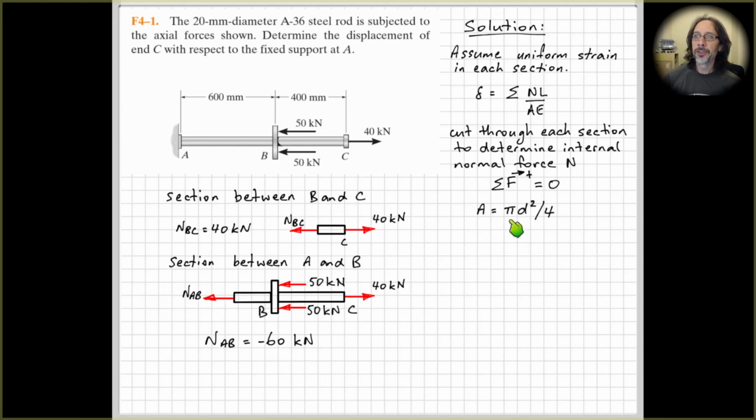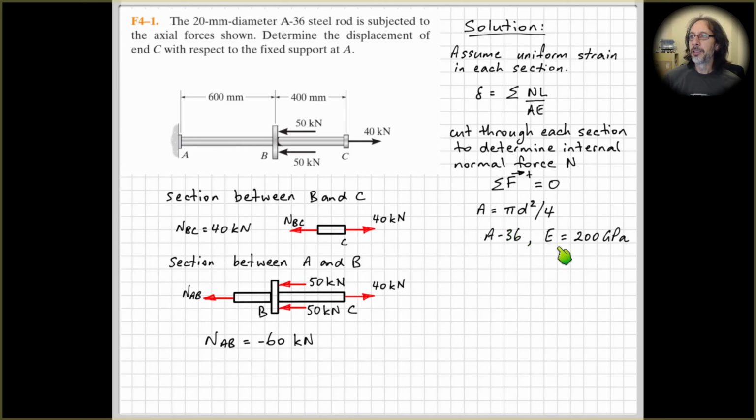The area of a circle is pi d squared on 4, or if you like, pi r squared. R is equal to d over 2, so d over 2 all squared becomes d squared on 4. And we need to know the Young's modulus, and we're told that it's A36 steel, so you can either look up the table in the textbook, or you can use an online materials database like MatWeb, and I show you how to use MatWeb in some of my other videos.